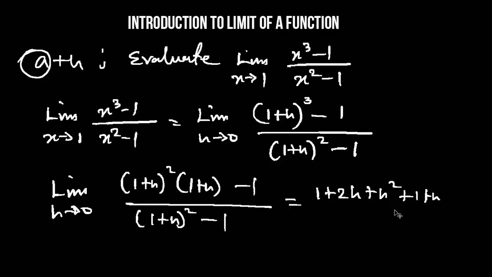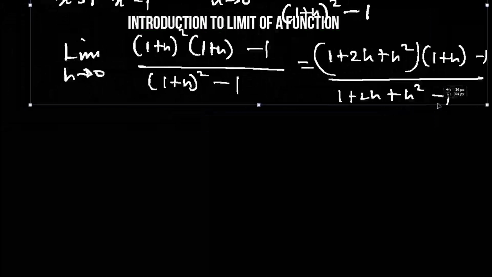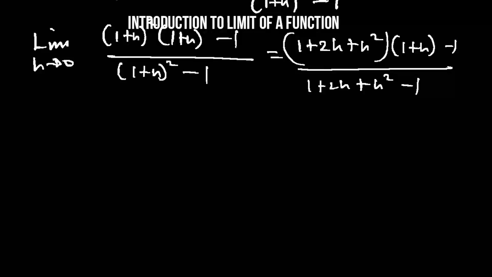Okay, sorry. So this is to multiply this now, (1 plus h) minus 1, then divided by 1 plus 2h plus h squared minus 1. I have to expand this like this so that you also get to understand it. So this is going to be the limit as h tends to 0 of, open this bracket, 1 times 1, that's 1, right?